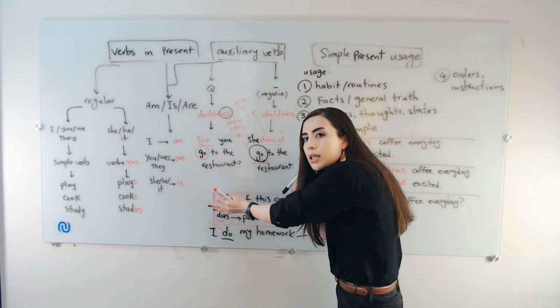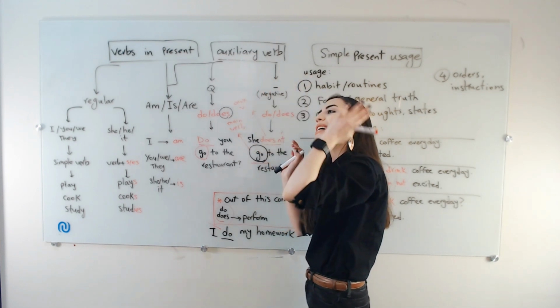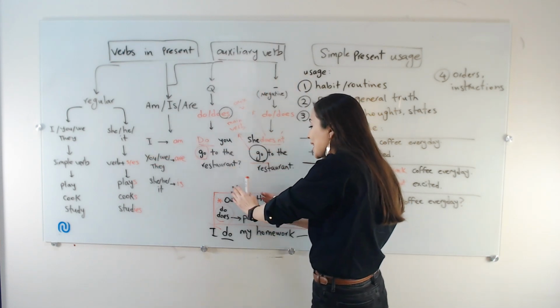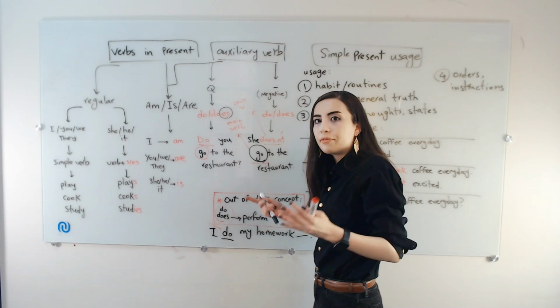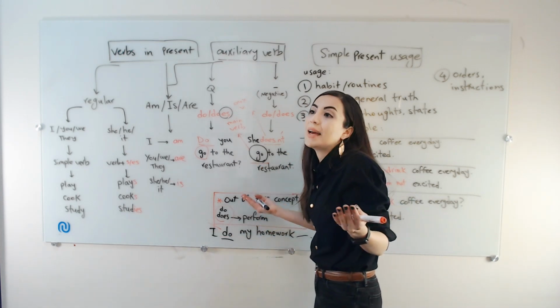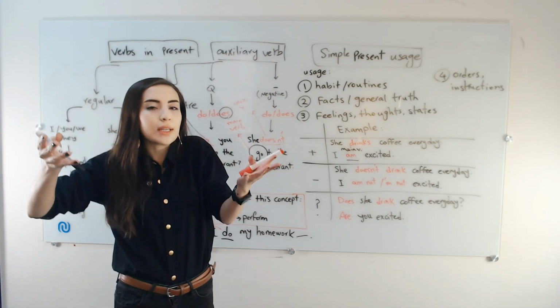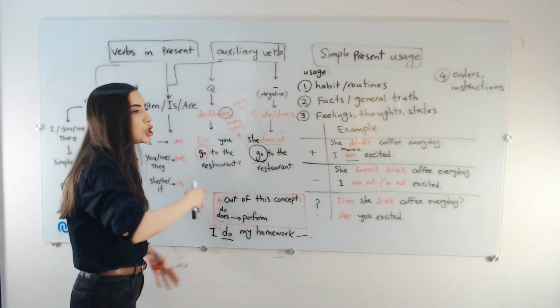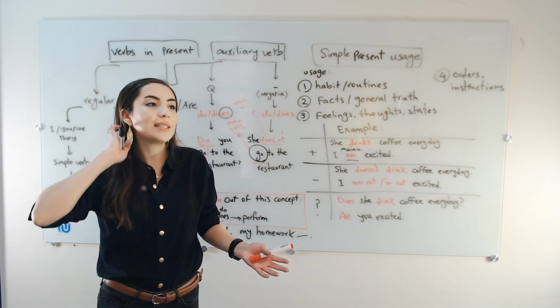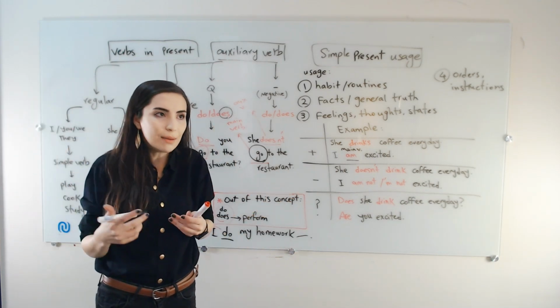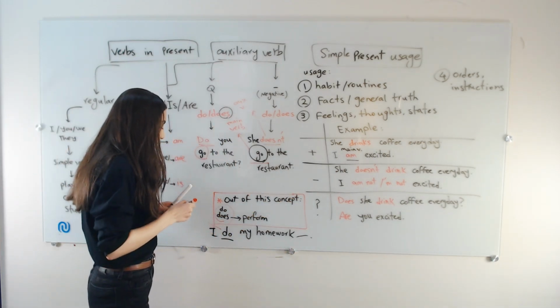Under this concept of auxiliary verb, just like did, do can be a main verb, an action, meaning to perform, to do something. So when I say, I do my homework, it means that I perform my homework. In here, do is the main verb.